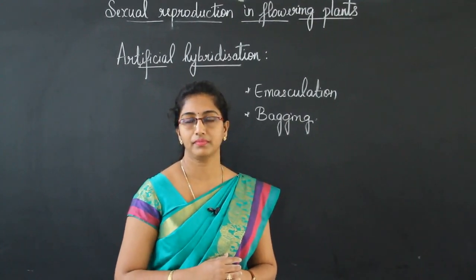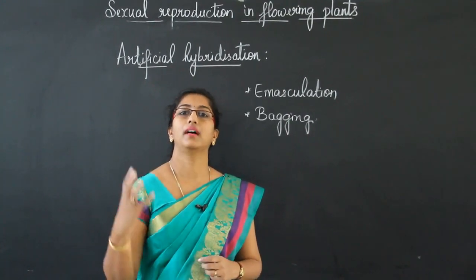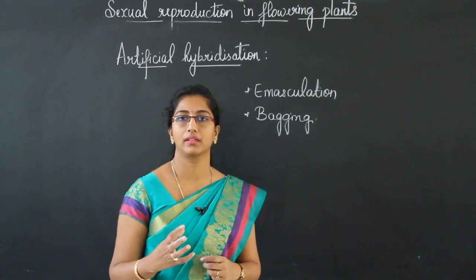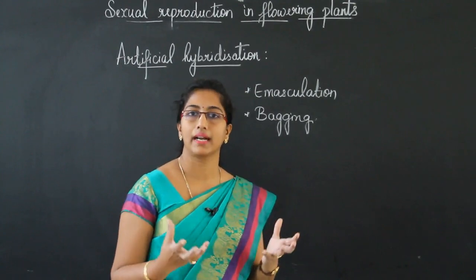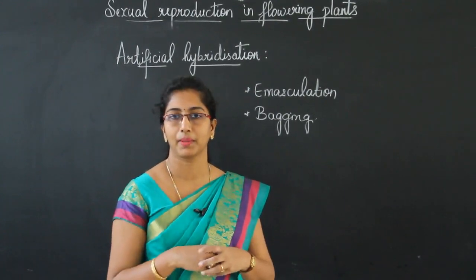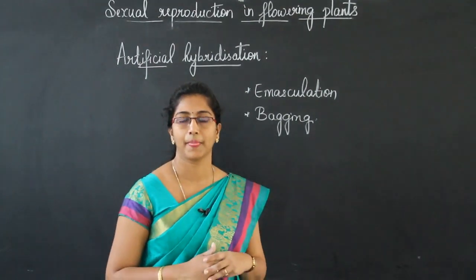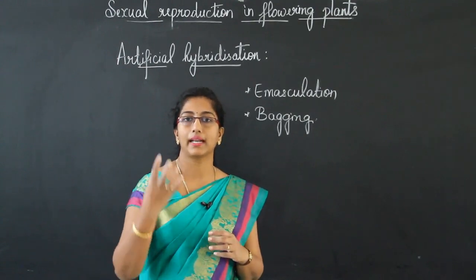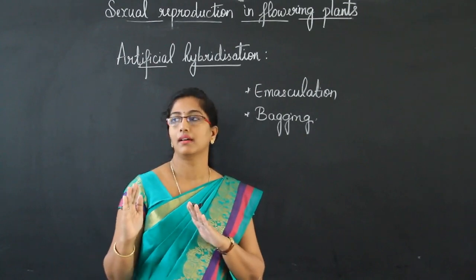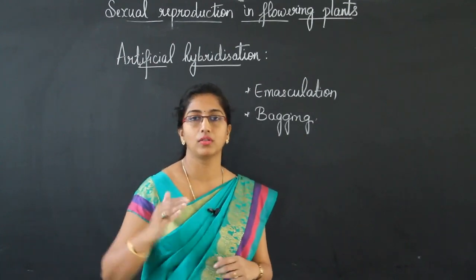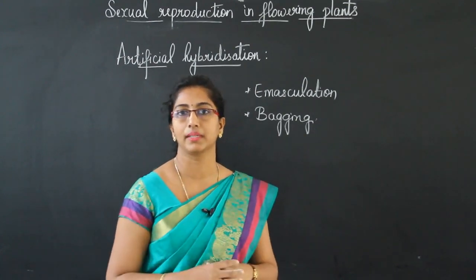The aim is to get a hybrid variety. The main concept is to bring all the desirable characters into one plant by crossing different plants, so that it can be considered a superior variety, a good variety which has all the desirable characters.